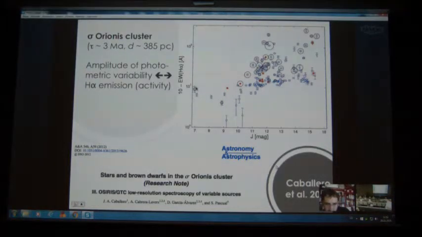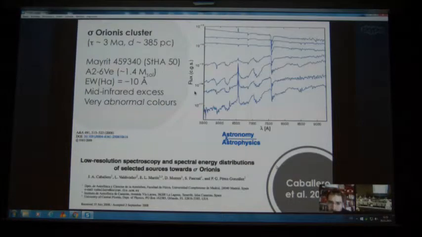This star here is relatively bright and relatively active for its expected mass, and the spectrum of this one is on the top of this image. The others are other spectra. The name of this star is Mer it 459-350, originally known as STHA50.